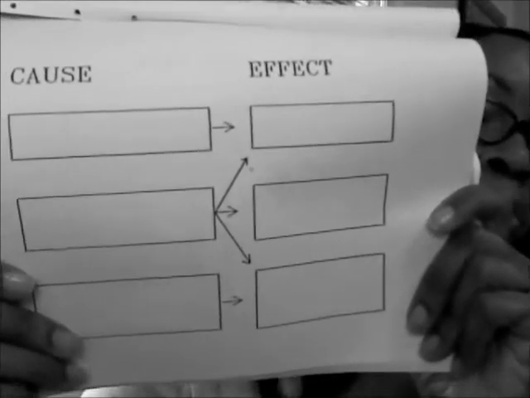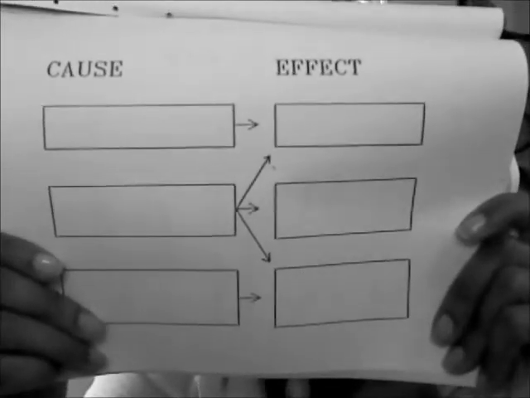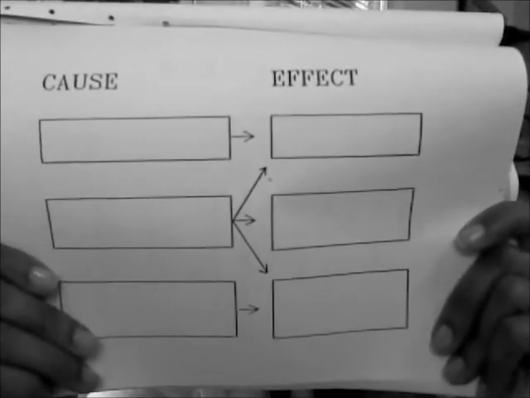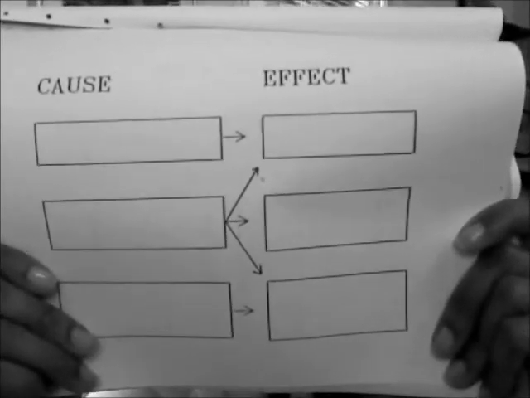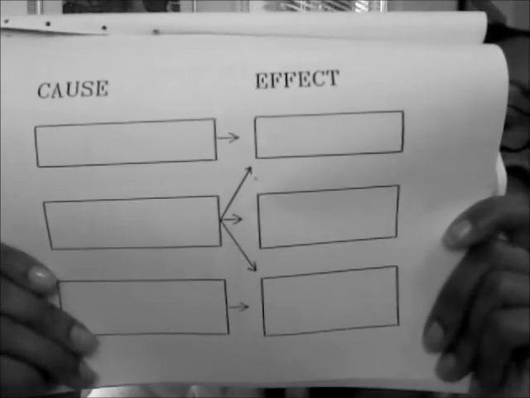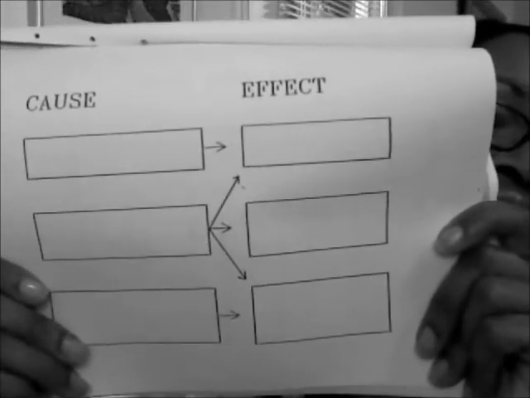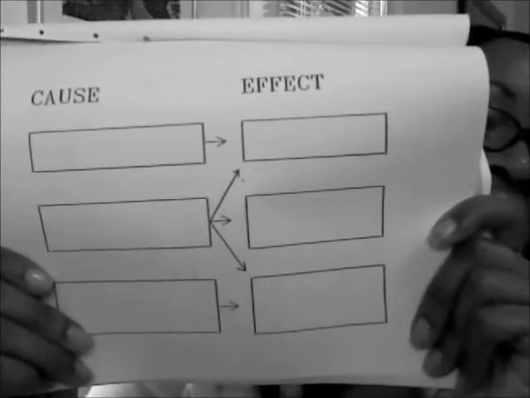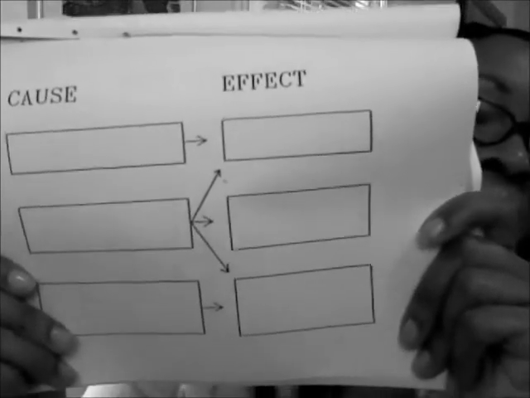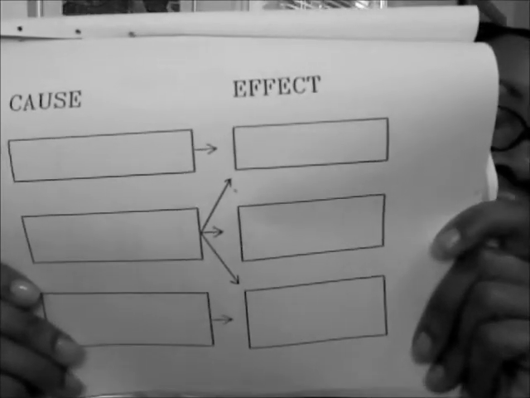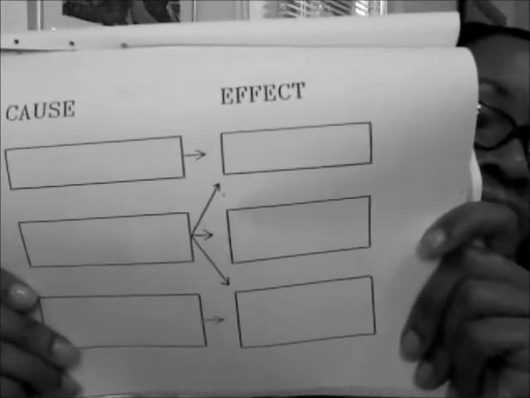So the arrows show you the onset, episode, or event that started or initiated some sort of sequence of events, your effect. So your initial event and your after events, your cause and your effect.